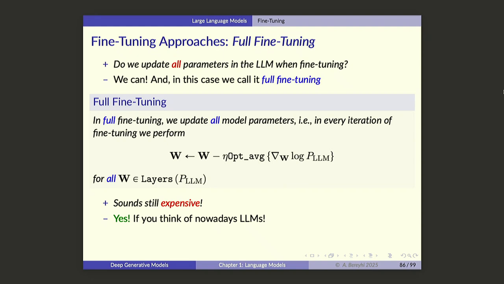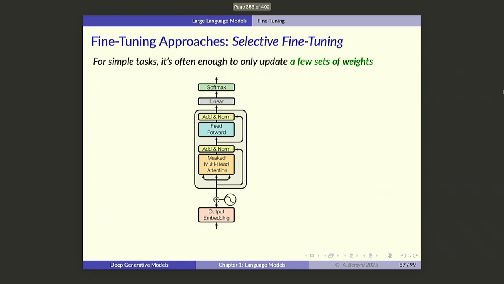Especially if the model is huge. Sometimes you know that you really don't need to spend this huge amount of computation, because the information is hidden in a tiny bit of change in your distribution to get into the right distribution. If that is the case, then you don't need to really do the full fine-tuning. You can do a selective fine-tuning. What do I mean by selective fine-tuning? I would just focus on a specific layer or a few layers, and I don't update everything.